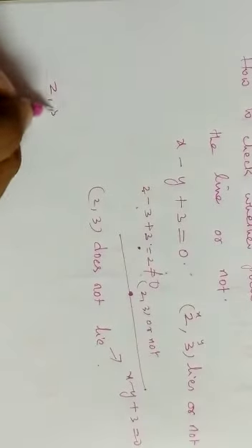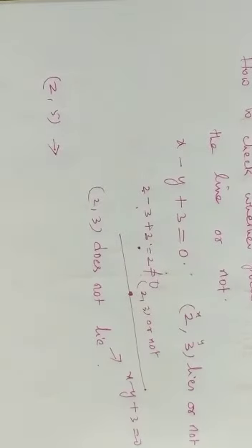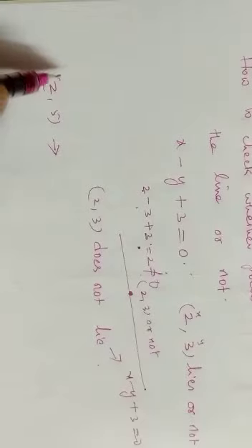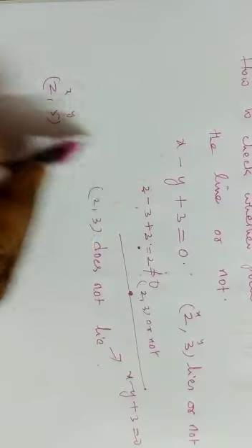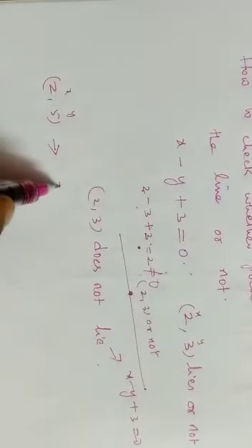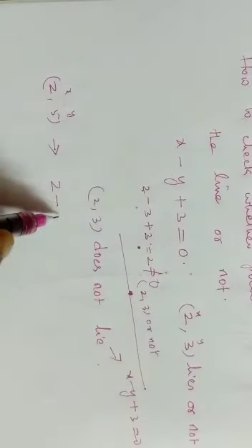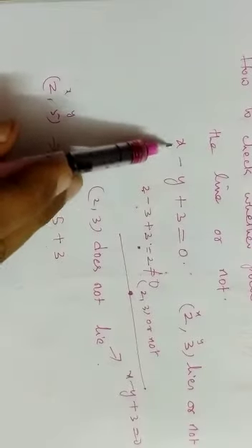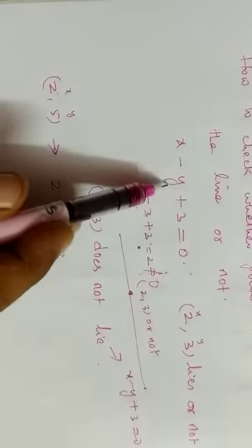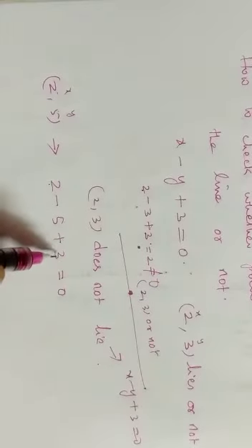Now check whether (2, 5) lies on the line or not. In the place of x and y, replace 2 and 5. 2 minus y value 5 plus 3. 2 plus 3 is 5, 5 minus 5 equal to 0.